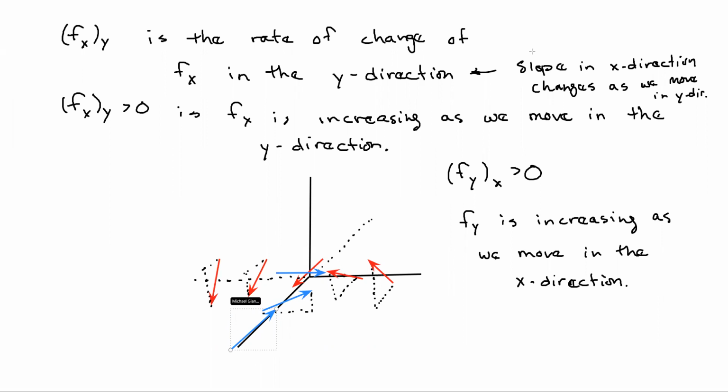So let's go through, and the dashed line there would be like this. So there's the y direction, and that's the amount of vertical change in z for the vector pointing in the y direction. And if you went in the negative x direction, then you'd get downward pointing arrows.